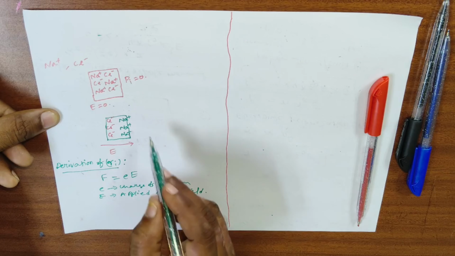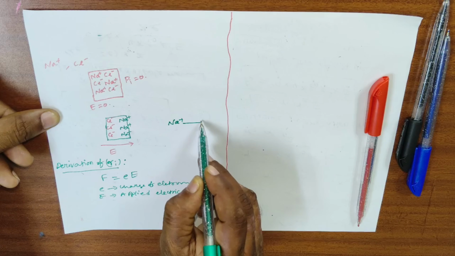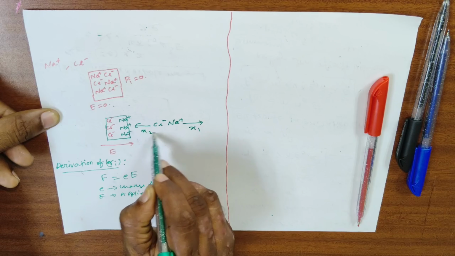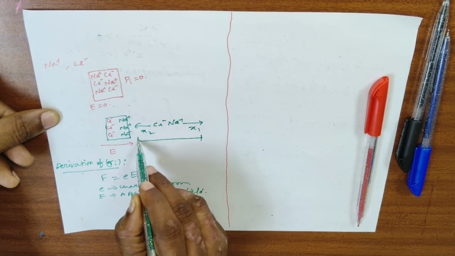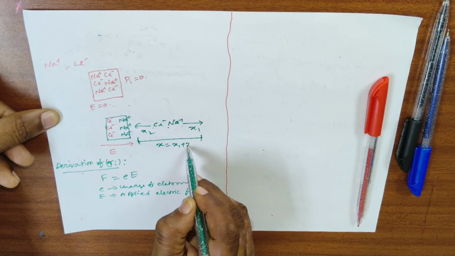What happens when the electric field is applied? Suppose the sodium ion moves a distance x1, and the chloride ion moves to the other side by a distance x2. The total displacement of these two ions is x equal to x1 plus x2.